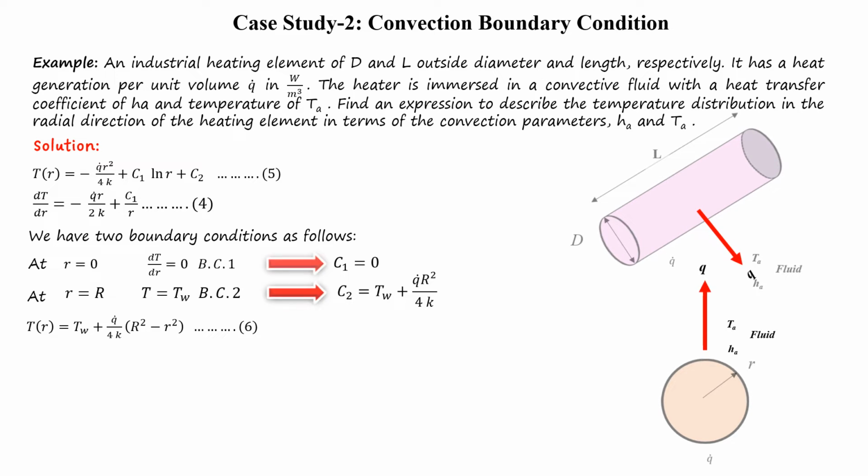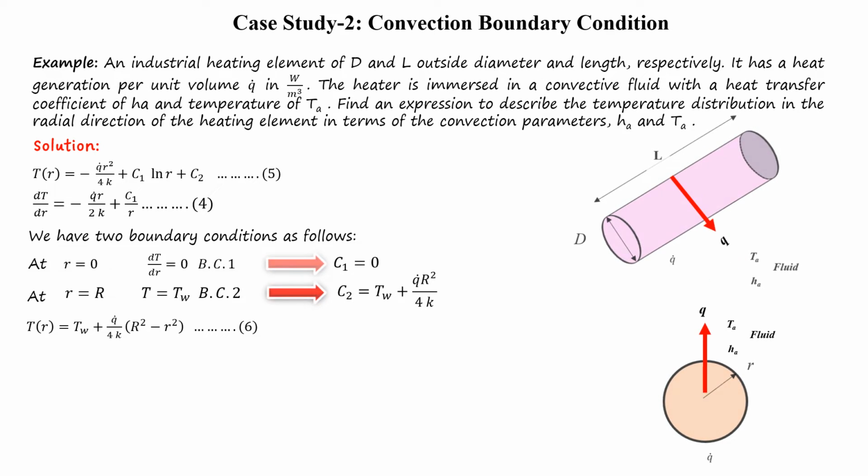If we go back and substitute these values in equation number 5, then we will end with equation number 6, which represents the temperature distribution in the radial direction, equal to T sub W plus q dot divided by 4k times capital R squared minus r squared, which at the end depends on the position inside that cylindrical object in the r direction.